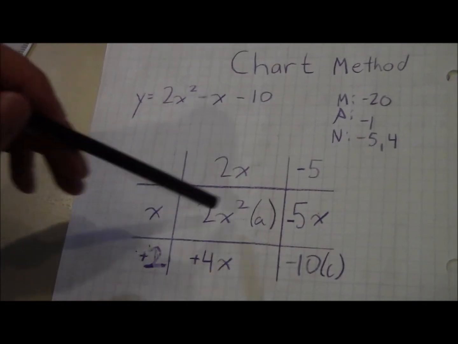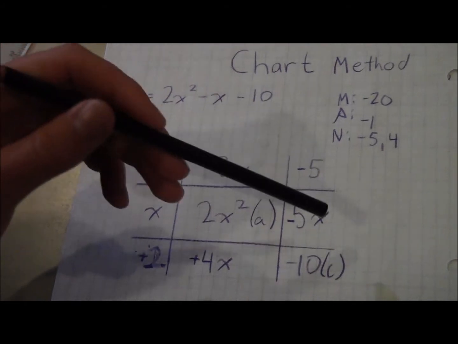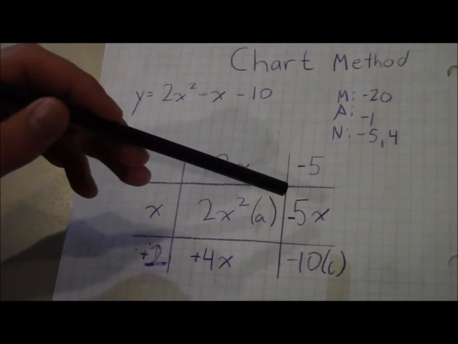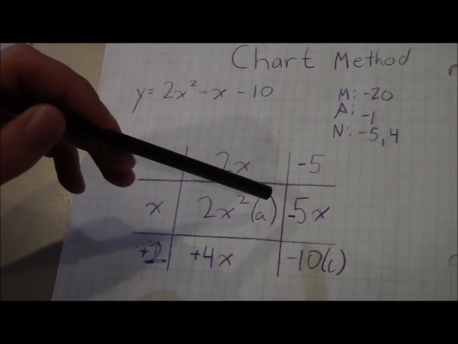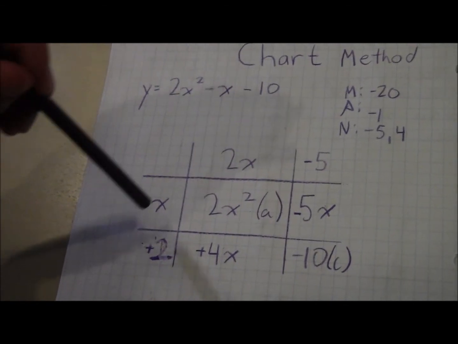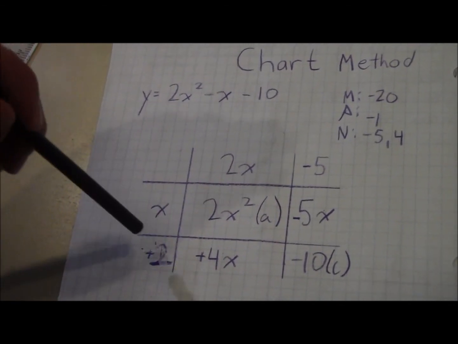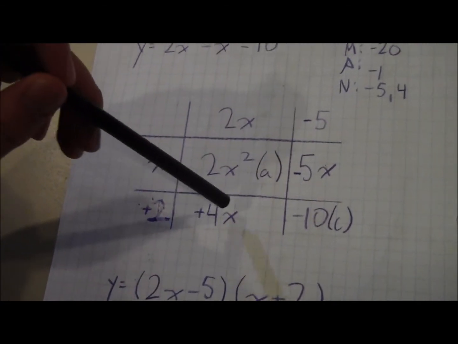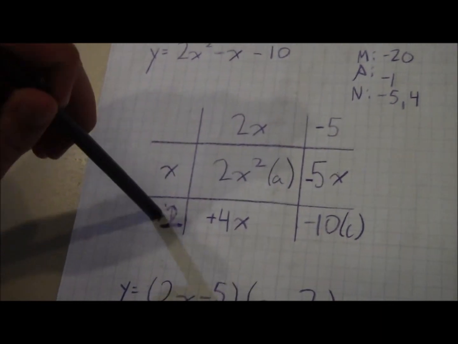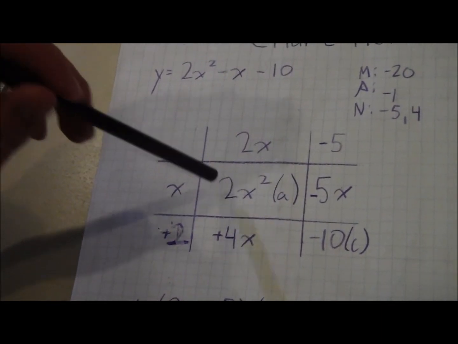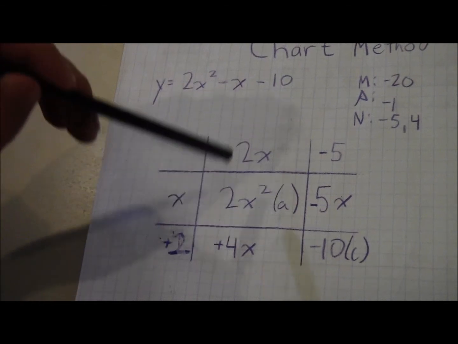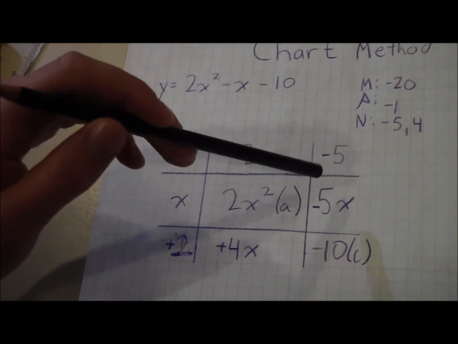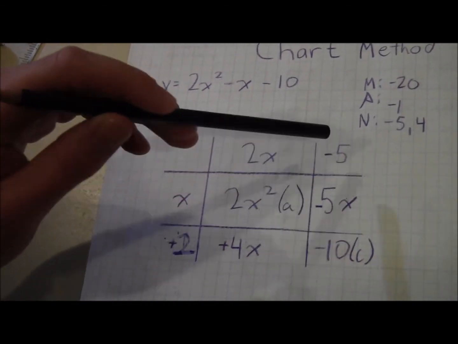Because you just take what's common in this side of the chart. So 2x squared minus 5x, the common factor there is x. And in plus 4x and minus 10, the common factor is 2. And then 2x squared and 4x, it's 2x, and then minus 5x and minus 10, it's minus 5.